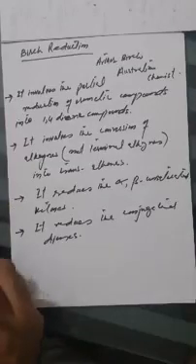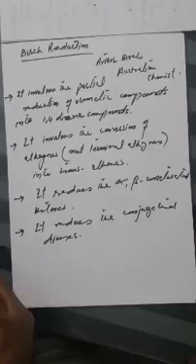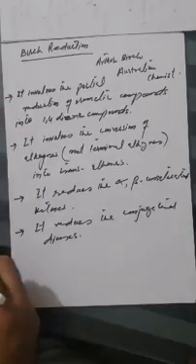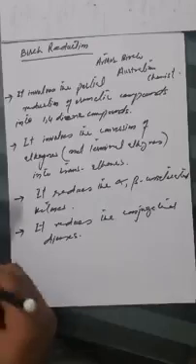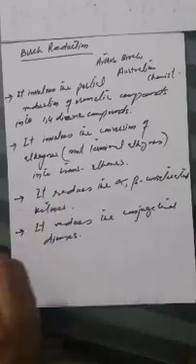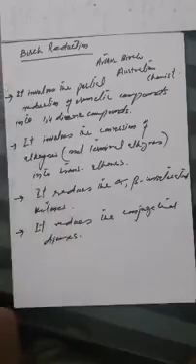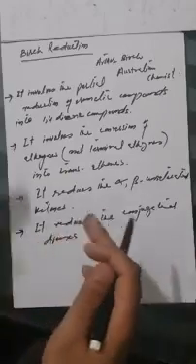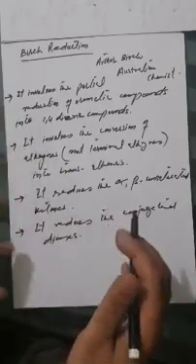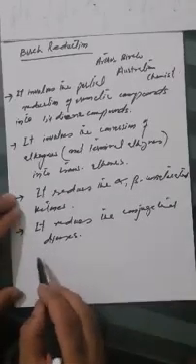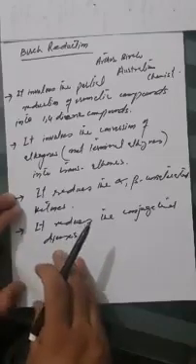In your previous classes, you might have learned the Birch reduction, but you will have a very brief idea about it. Today, we will try to learn comprehensive knowledge about the Birch reduction. So basically, without reading this again, I will describe in the form of structures.